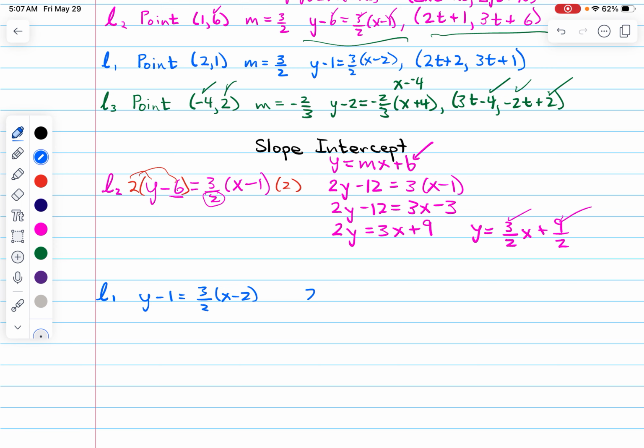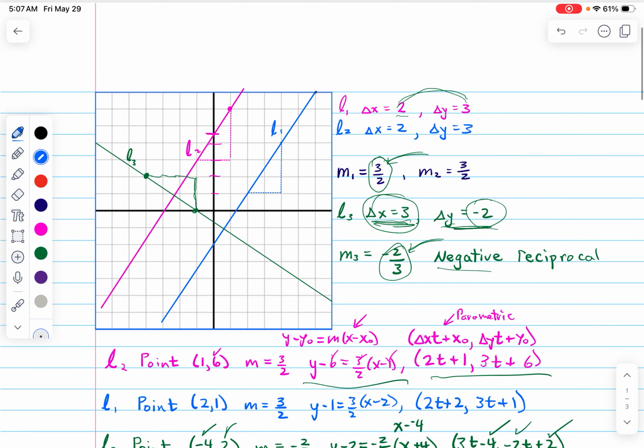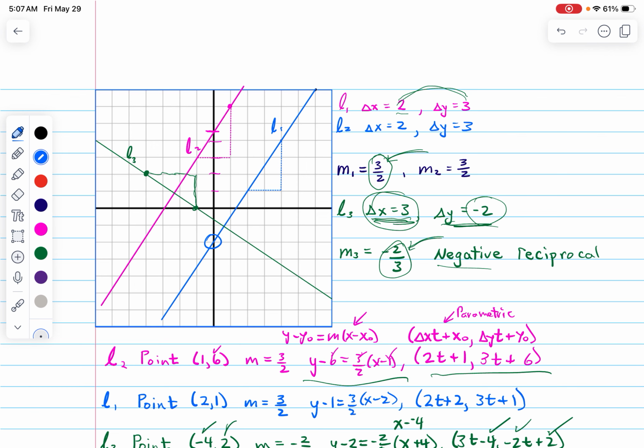Multiply through by 2. There's what we get. Then clear my parentheses. Look at that. Okay. Then add 2 to both sides and divide by 2. So now we have a y-intercept of -2. And look, sure enough, there it is, -2 right there.